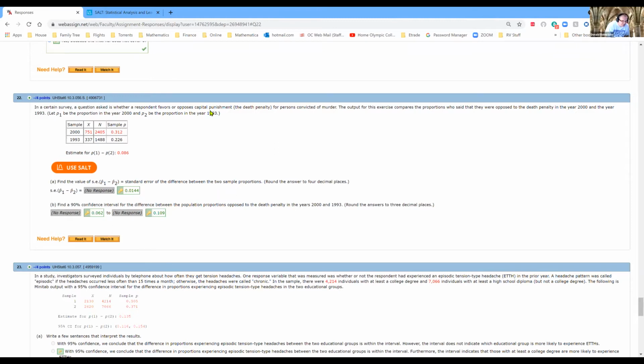The first sample has 2,405, and I was looking at the years. Okay, the second sample is 1488, and P1 hat is 0.312, and P2 hat is 0.226, and X1, which is the people who said yes, is 751, and X2 is 337. So basically, all the numbers that were in that table, I've now written down so I can get them.